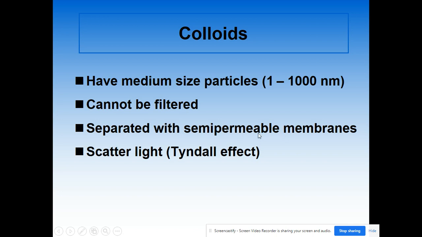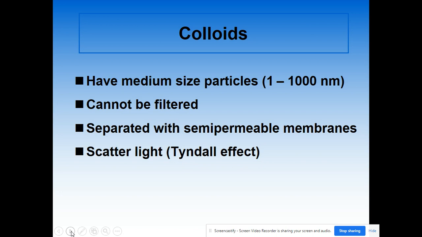This will almost look like a very thin sheet of plastic, but the holes in it are very, very tiny. And a lot of times they attract one thing better than another, and that's what makes them good at separating certain substances. Colloids will actually scatter light. We see something called the Tyndall effect with them, which I'll show you guys a video to illustrate.